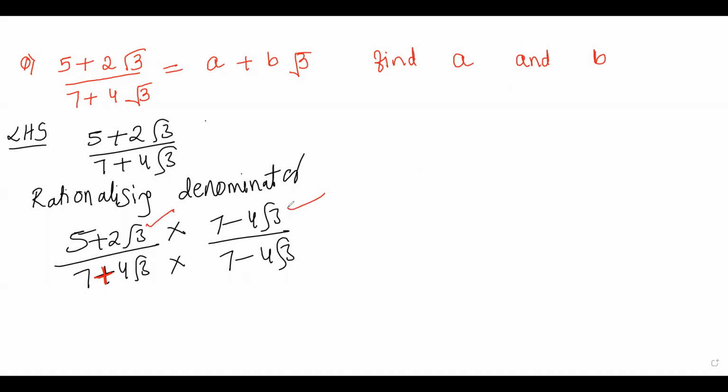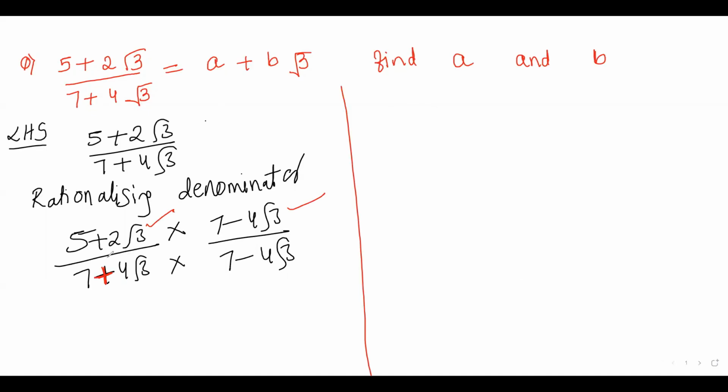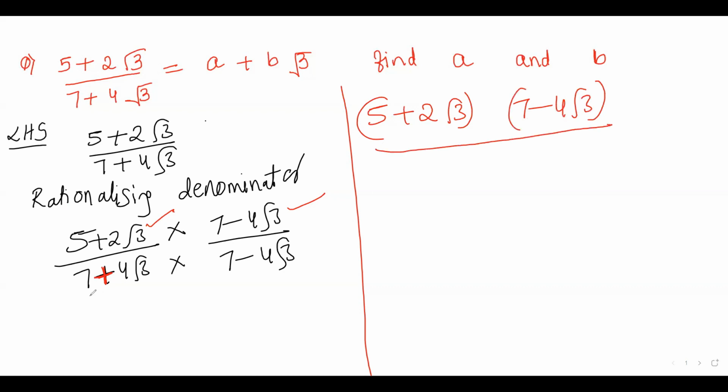Numerator into numerator, denominator into denominator. So write down. In the next page you can write. Okay, here itself I will write 5 plus 2 root 3, 7 minus 4 root 3 by a plus b into a minus b.